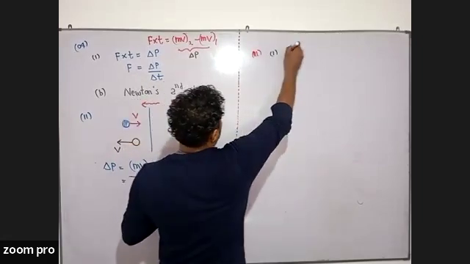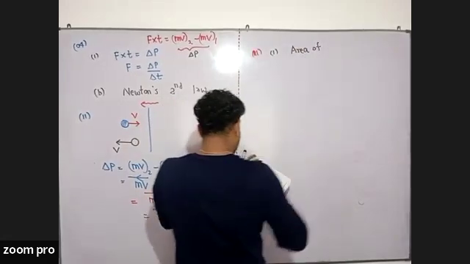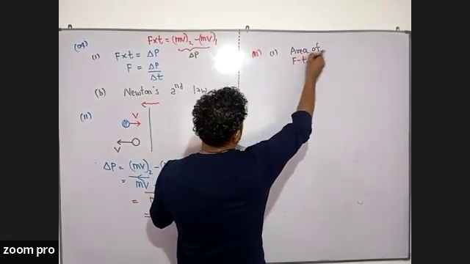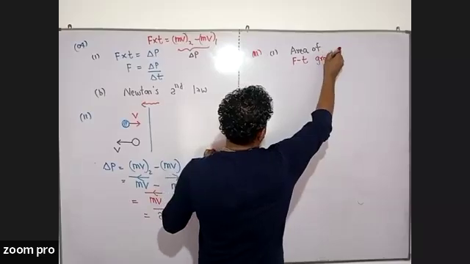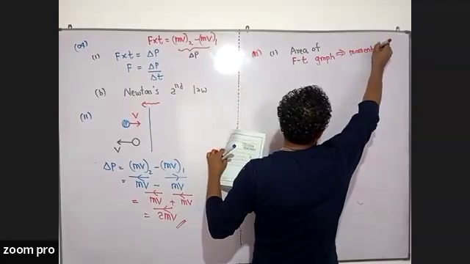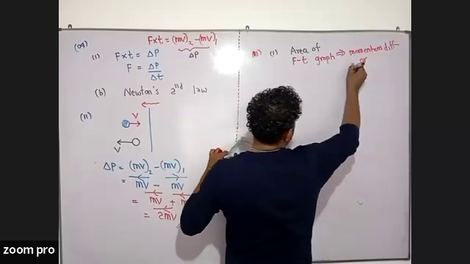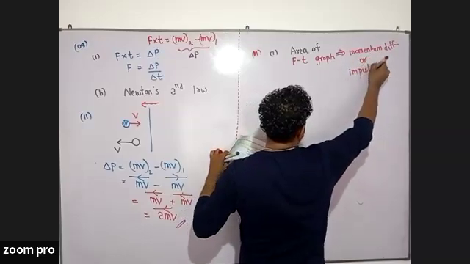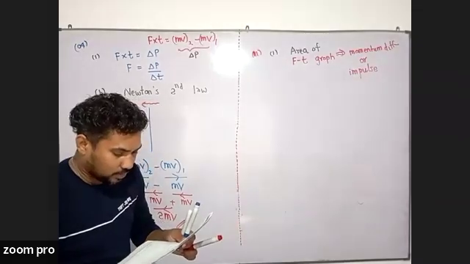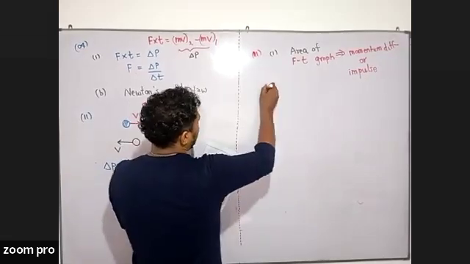You know that the area of the force-time graph represents the momentum difference. On the other hand, it can be mentioned as the impulse exerted on the object. So we find the impulse acting on the object by considering the area of the graph.